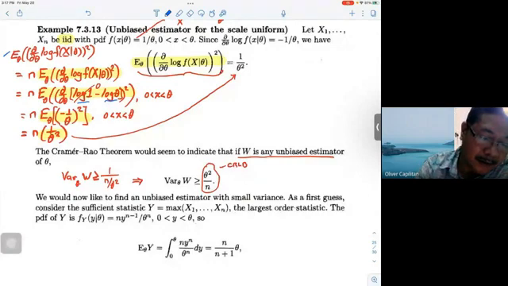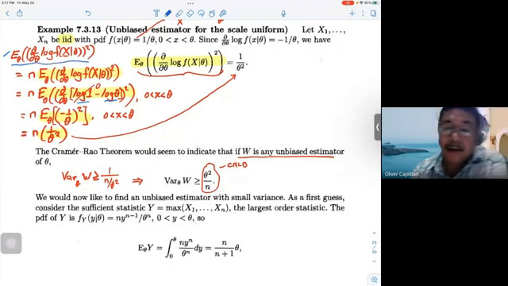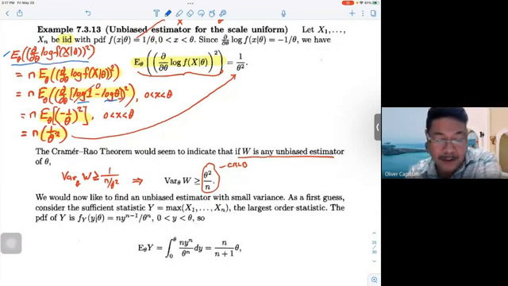This is our denominator in the Cramér-Rao lower bound, so that's equal to n over theta squared. Therefore, the variance of our estimator W indexed by our parameter theta is greater than or equal to theta square over n. So our Cramér-Rao lower bound here is theta square over n.